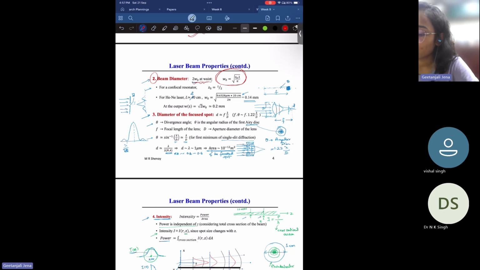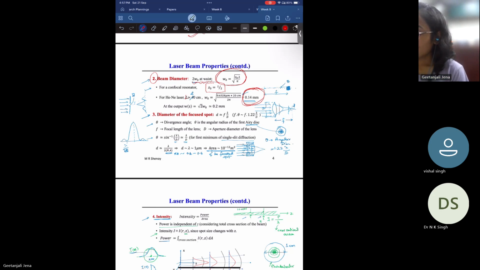If you recall from week 7 content, Z0 we calculated as L by 2. If you put some practical value, let's say L is 20 centimeter, then the spot size at the waist is around 0.14 millimeter. So this is the beam diameter at waist for a practical laser.